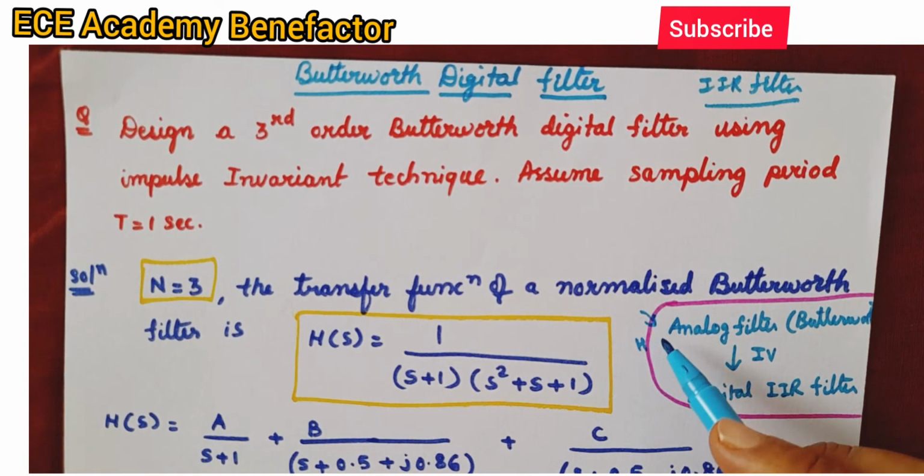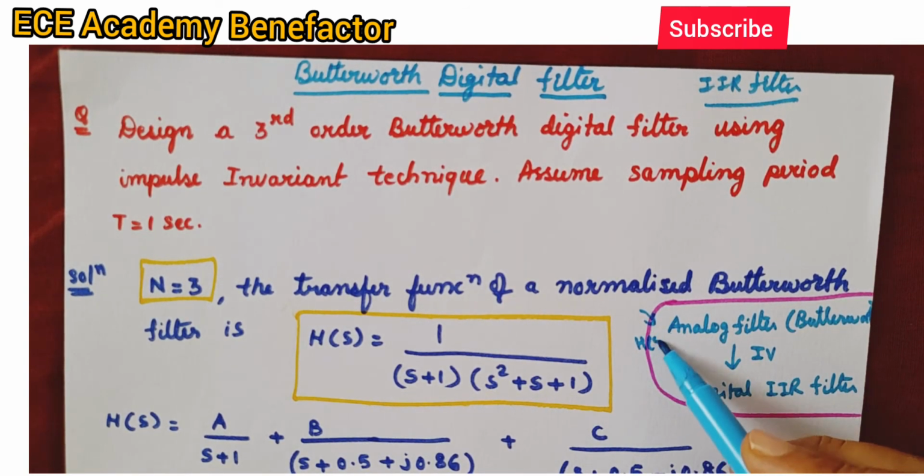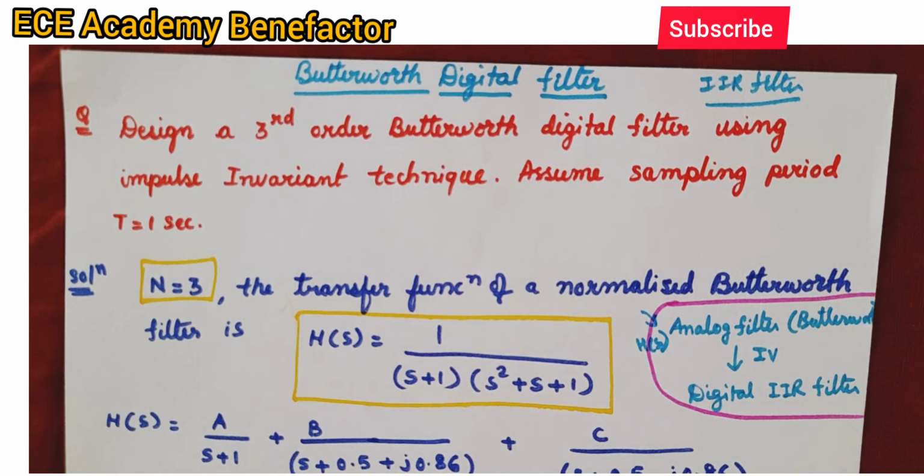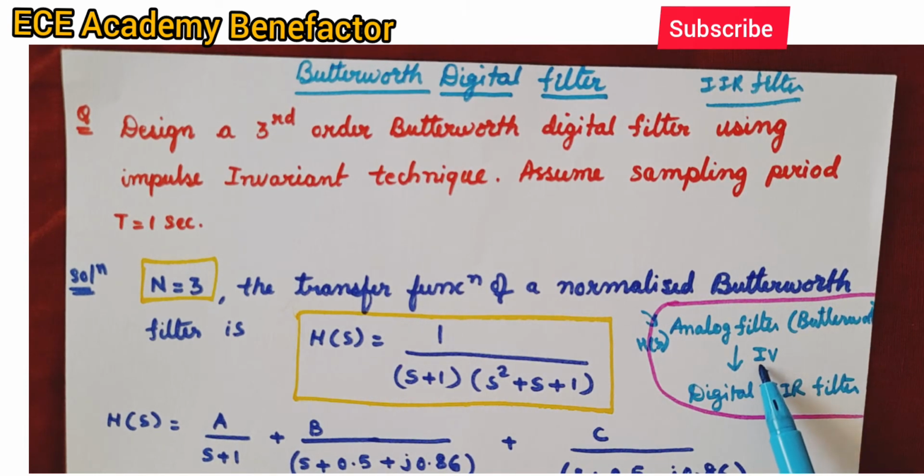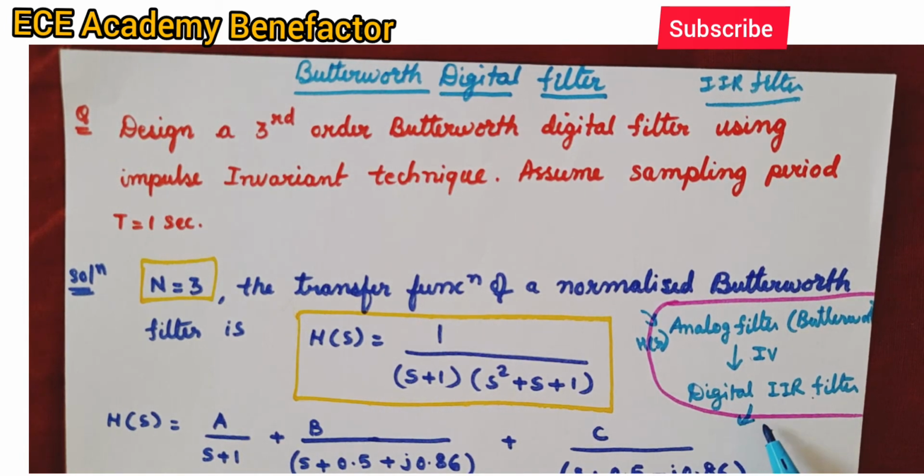H of S. We will calculate first H of S, the transfer function of the analog Butterworth filter, and then apply the impulse invariant transforming technique to design the digital IIR filter. The design of the digital IIR filter means we will be getting H of Z. So, the final filter will be called the Butterworth digital filter.